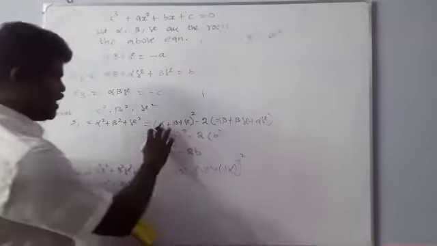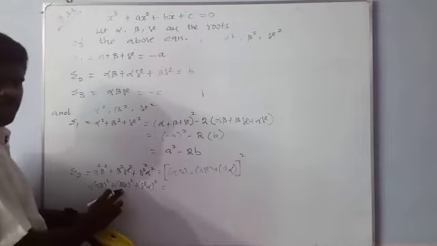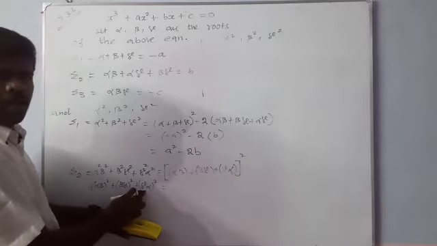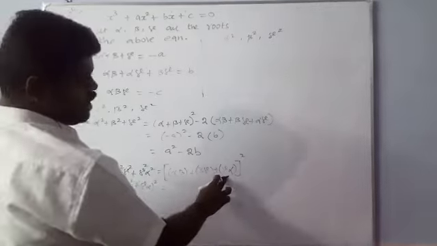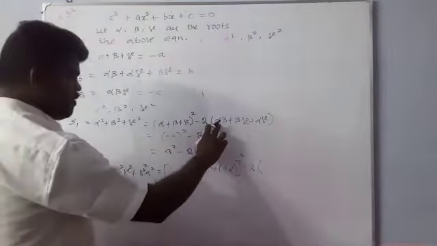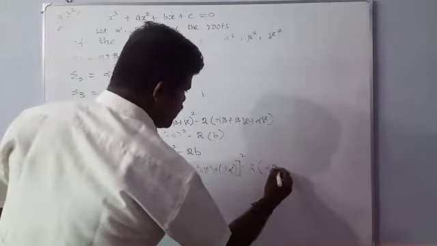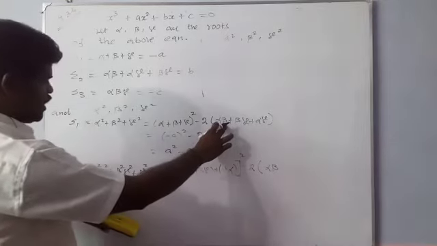Wherever alpha will come, we replace alpha beta; beta will come, we replace beta gamma; gamma will come, we replace gamma alpha. So alpha beta, beta gamma, gamma alpha, minus 2 times of, wherever alpha will come, we replace alpha beta, and beta replaced by beta gamma.